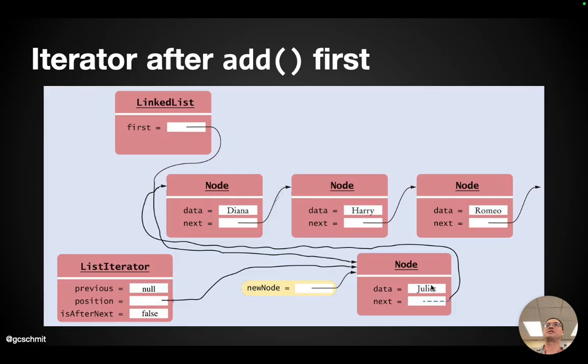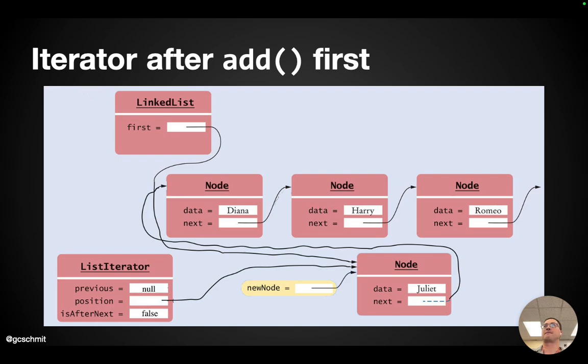Linked list refers now to this node because we added it at the beginning of the linked list. This node that contains the data Juliet, its next reference refers back to this node here, the one whose data is Diana. Okay. We updated position to refer to the node whose data is Juliet because we have iterated over that node by adding it. If we were to call next at this point, we would want to return the data Diana. Okay. So this is what our linked list looks like at the moment.